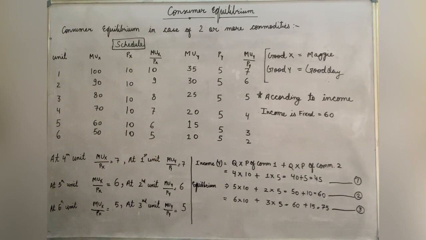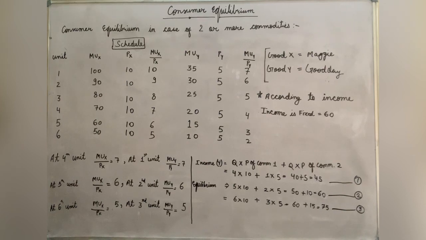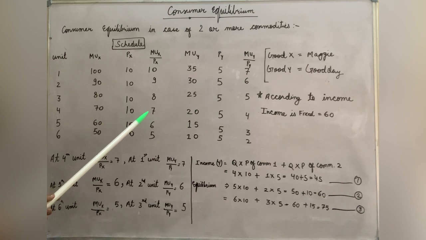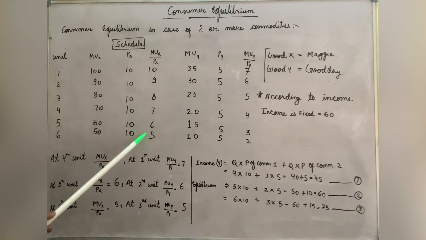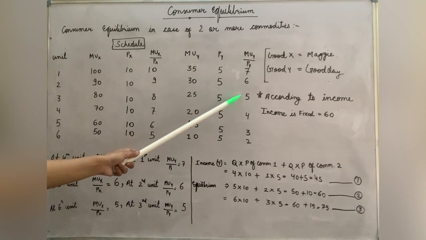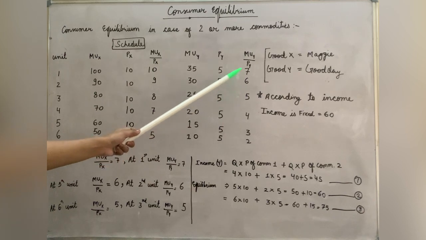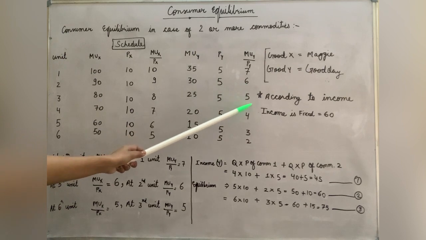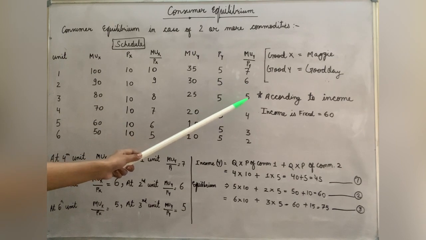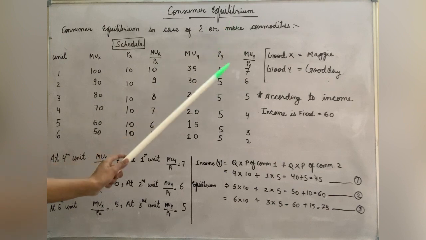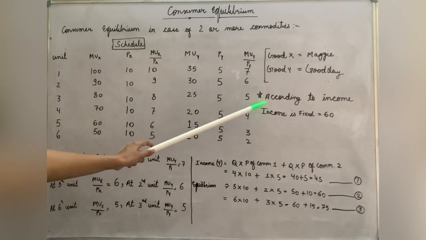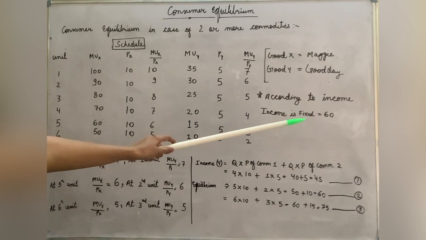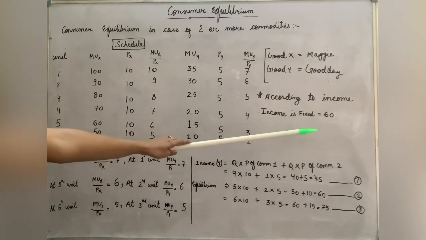Now, in a broad way, how can we know at which point our satisfaction is at equilibrium? We can find 7, 6, 5 here and 7, 6, 5 here at the same time. So how can we fix which one is our level of satisfaction? It is based on income. According to income, we can find out that we are consuming our whole money.